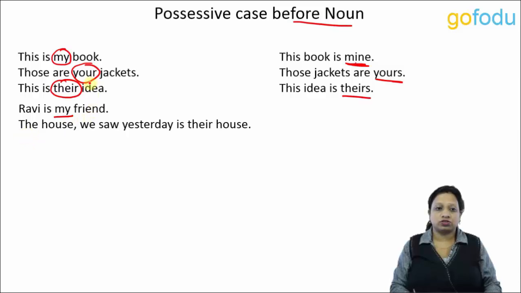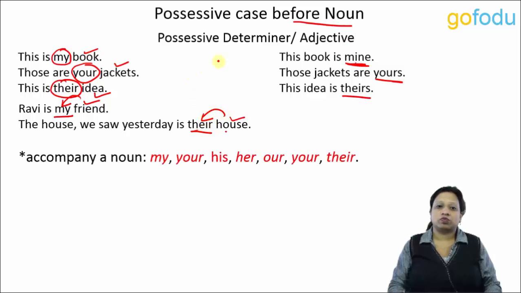My over here is, see, book is a noun, jackets noun, idea noun, friend noun. So with a noun, if it is used, then it is no longer a pronoun. It's an adjective. The house we saw yesterday is their house. Over here also, house is a noun. So it's used with a noun, so it becomes a possessive determiner or possessive adjective.